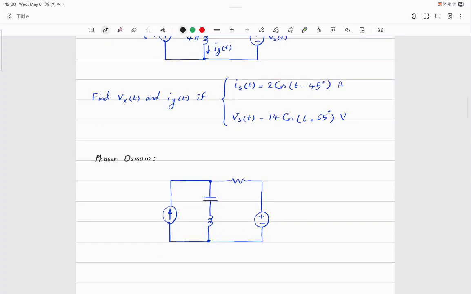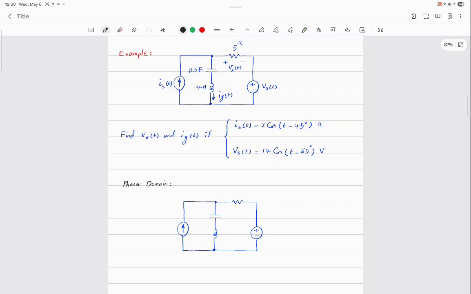I'm going to start with Ethan. Start from the left. What is the phasor domain expression? Is phasor equals 2 angle -45 degrees.